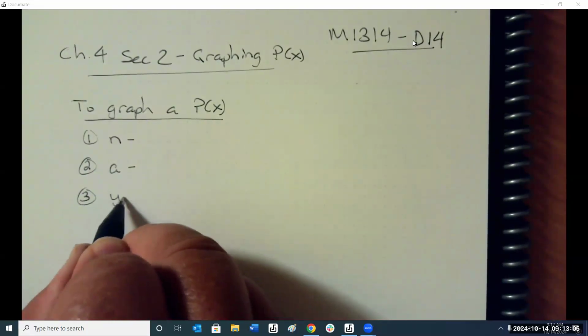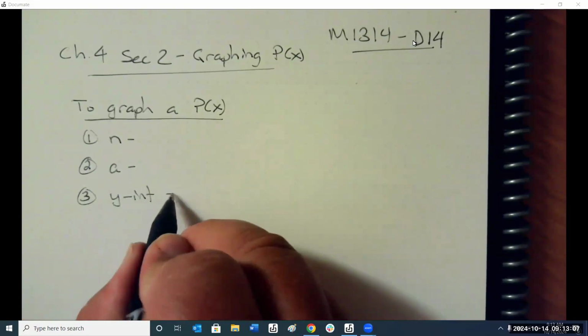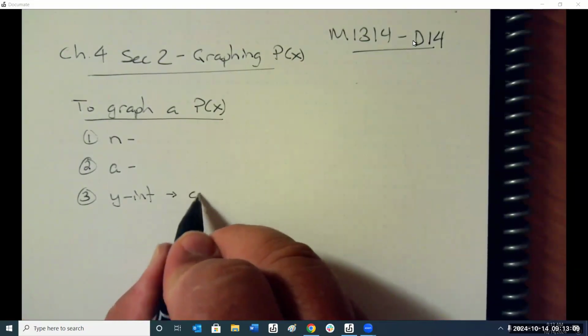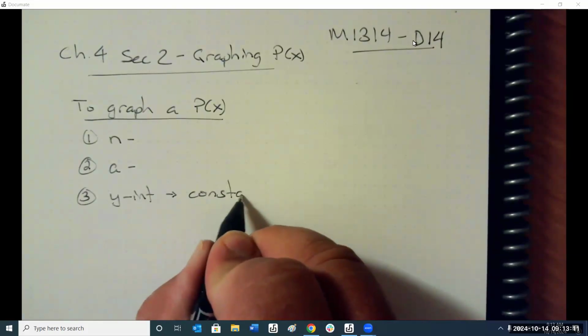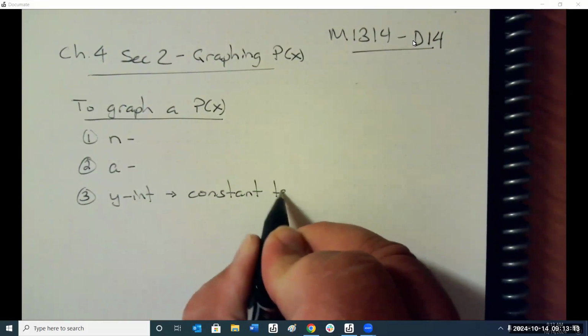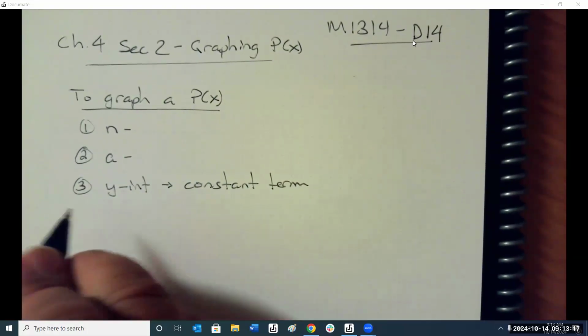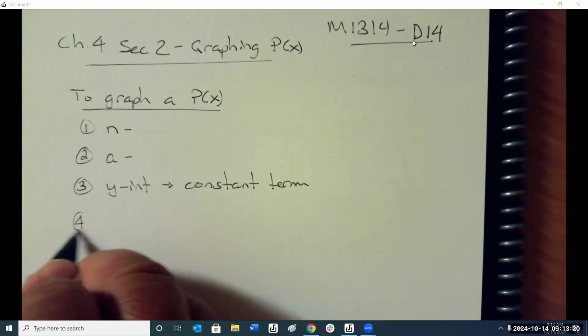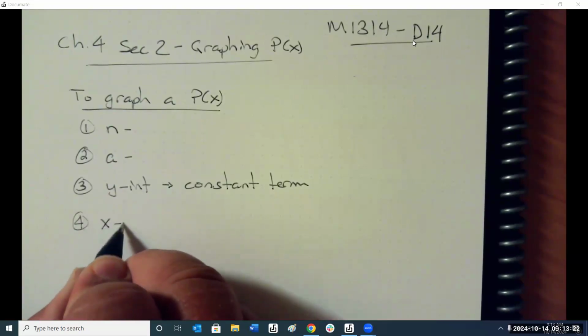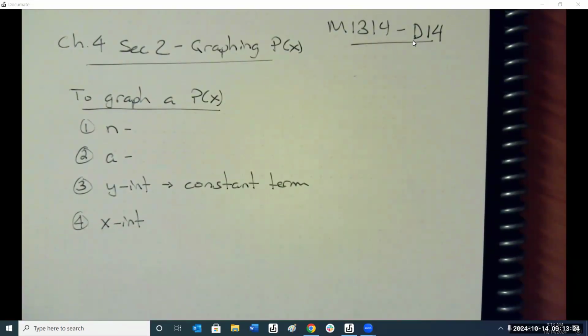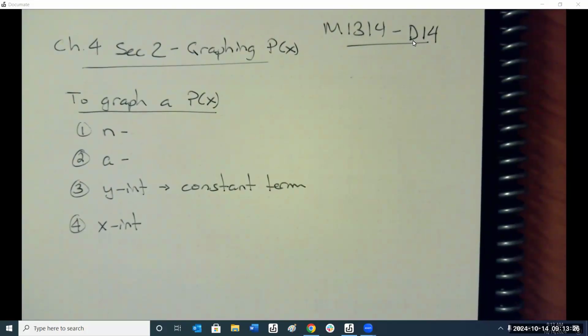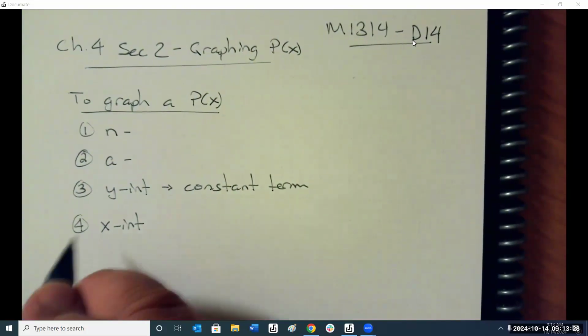We have to find the y-intercept, and it's always the constant term. We have to find the x-intercepts. And we have to find some points.